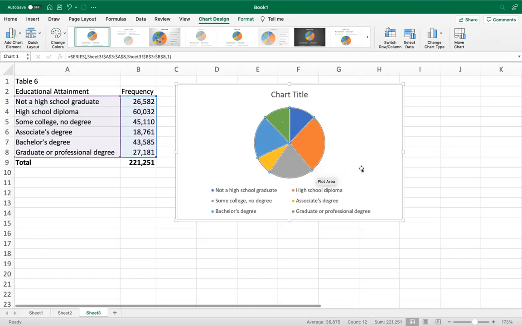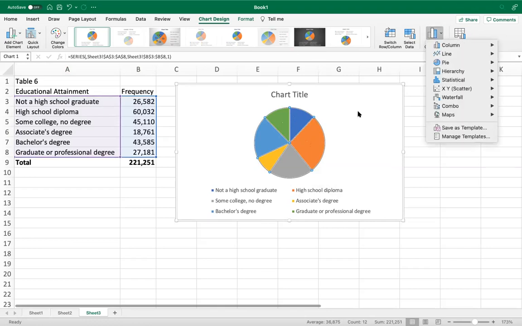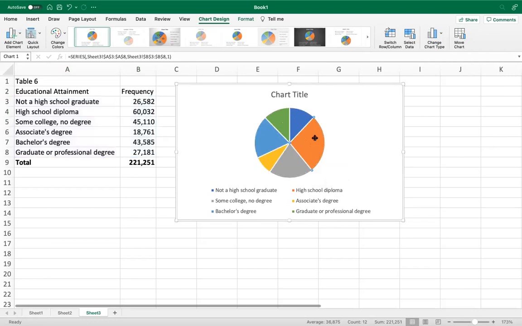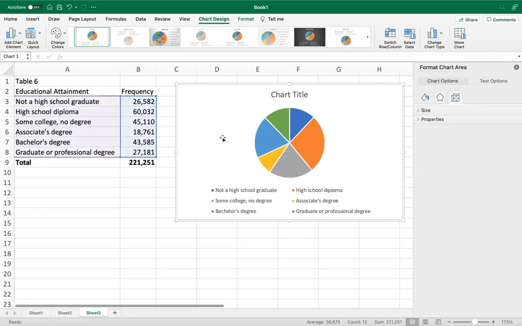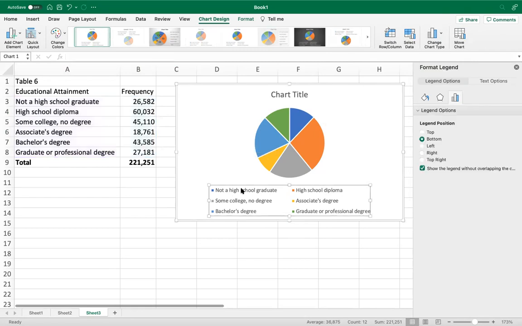So another thing that we could add in here is the percentages. This is just a drawing of what these values would look like.